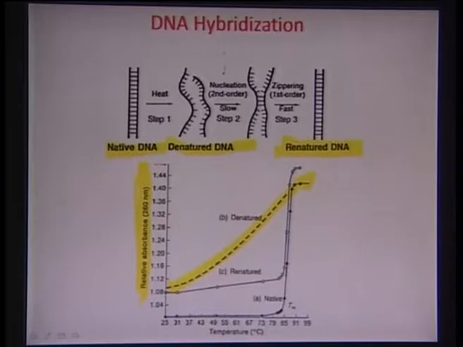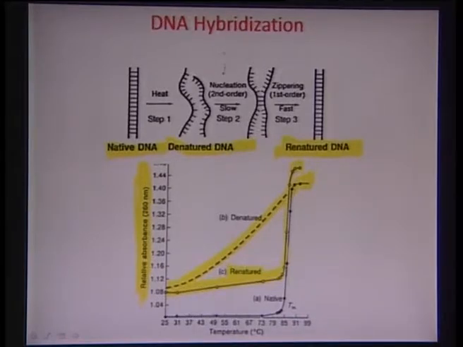In the case of renatured DNA, there is no absorption, or almost very limited absorption, until the temperature reaches about 80 degrees or so, beyond which there is a sudden rise in the relative absorbance. So the way the absorbance of light behaves for these different processes is also to an extent different.